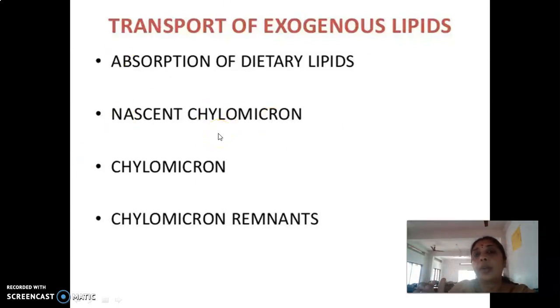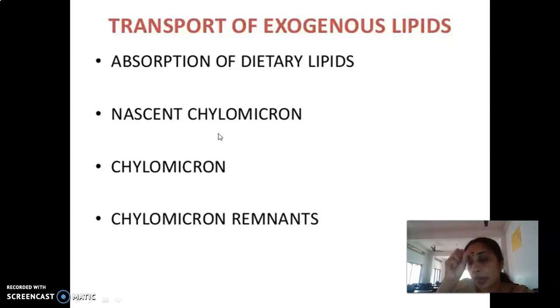Now this mature chylomicron moves towards the skeletal muscles, the adipose tissue, etc., where it is acted upon by the lipoprotein lipase enzyme, which causes the lipolysis of chylomicrons and liberates the contents in it. That is, the TG and the cholesterol esters will be donated to the adipose tissue and the skeletal muscles, so that the chylomicrons now have a reduced size.